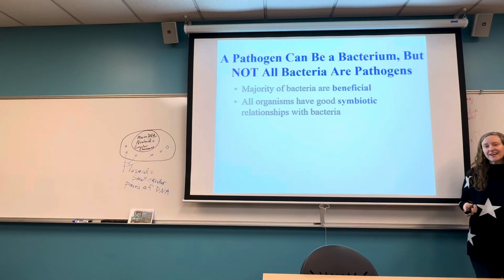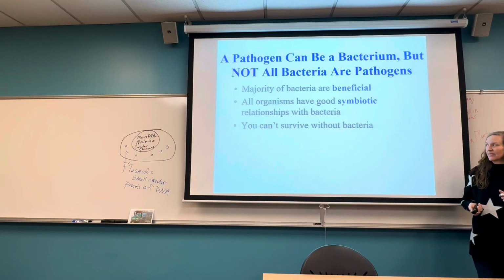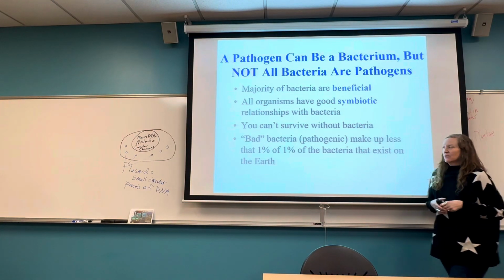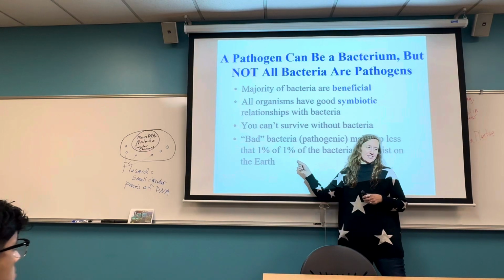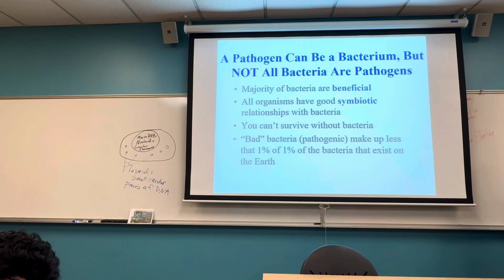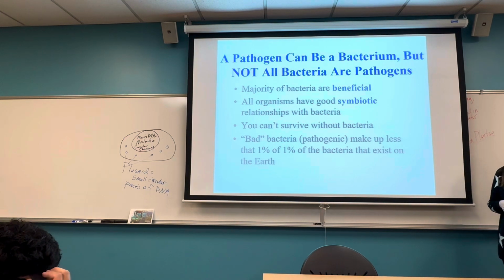It's just those few times you get that pathogenic one that can make you sick. About 1% of 1% of all the bacteria that are out there are actually pathogenic. So it's a really, really small, tiny amount.